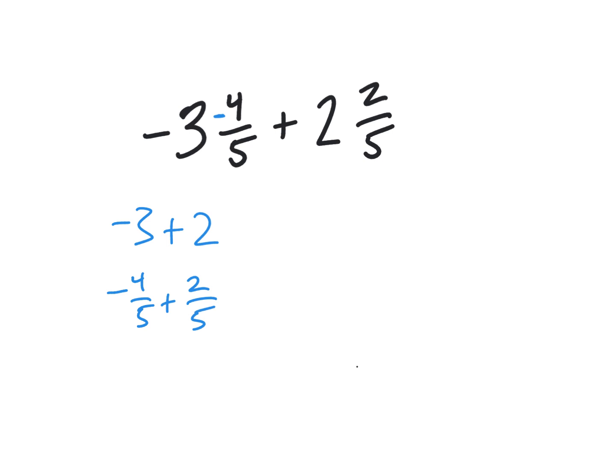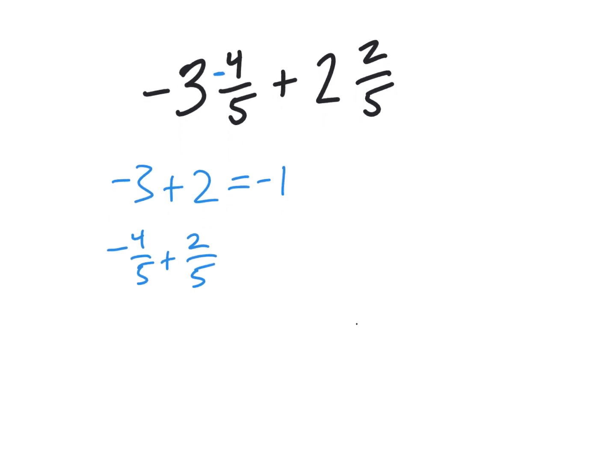So here with -3 plus 2, I have 3 negatives and 2 positives, which is going to give me a result of -1. And when I'm adding fractions that have the same denominator, I can just think about adding the numerators, right? Because this would be like if I had 4/5 of a negative and then 2/5 positives.